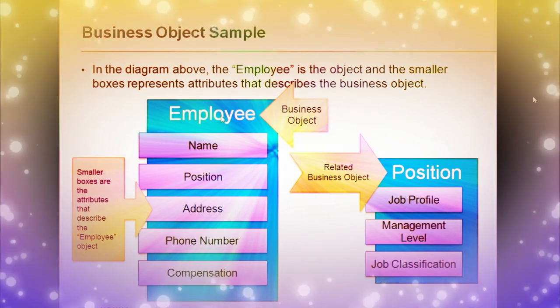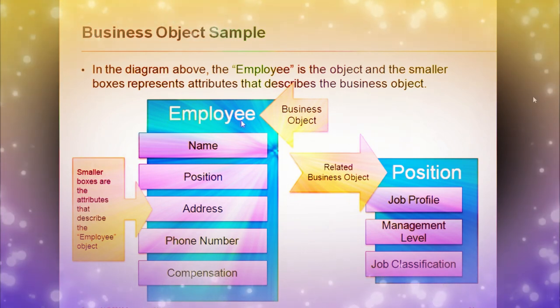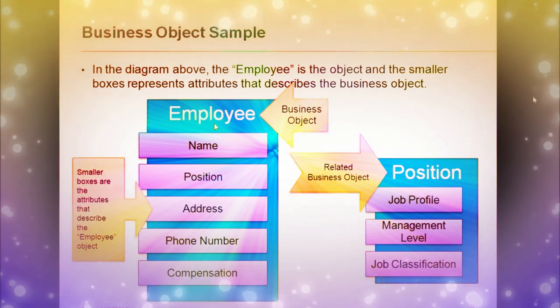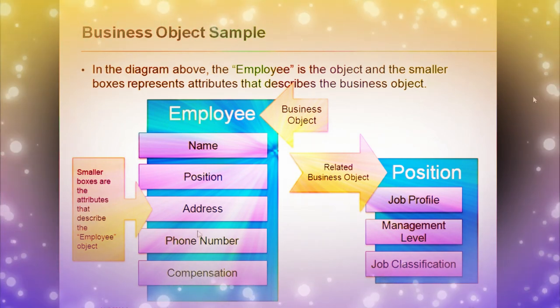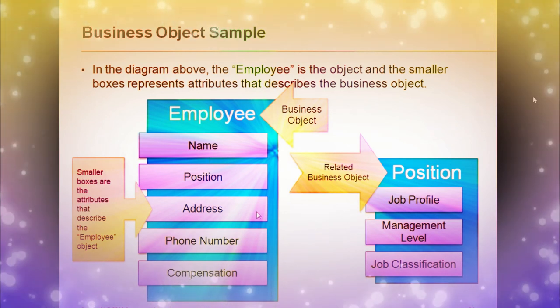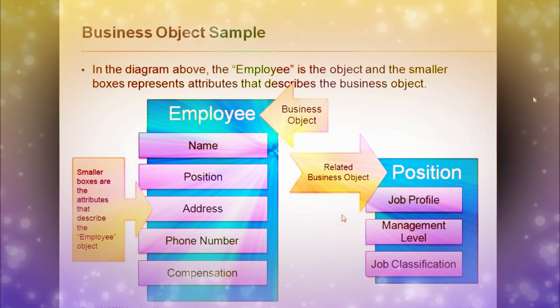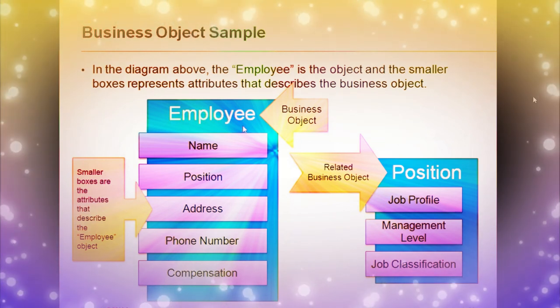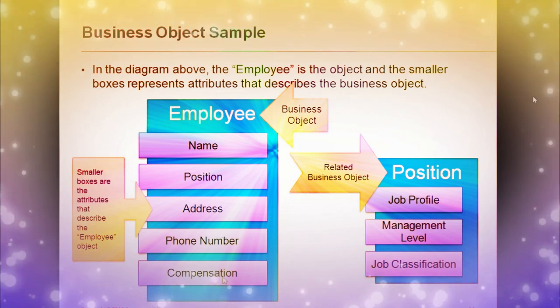Under this business object there are a lot of small boxes: name, position, address, phone number, compensation. All these are the related business objects for the business object Employee, and they come under it.